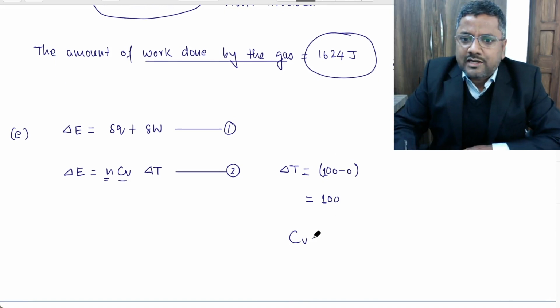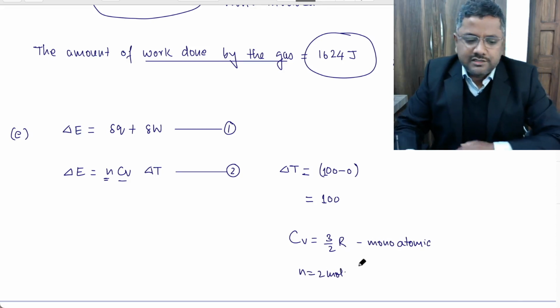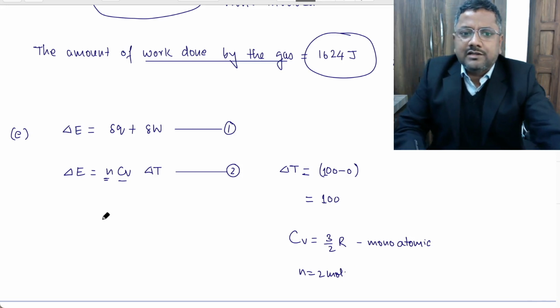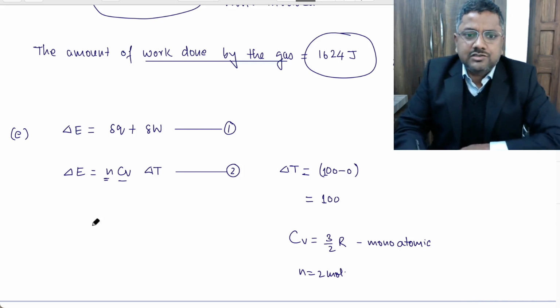The gas is monoatomic, so C_V is equal to 3 by 2 R for monoatomic. It is given in the question. And n is equal to 2 moles, also given. So now you can simply calculate delta E by putting in these values.